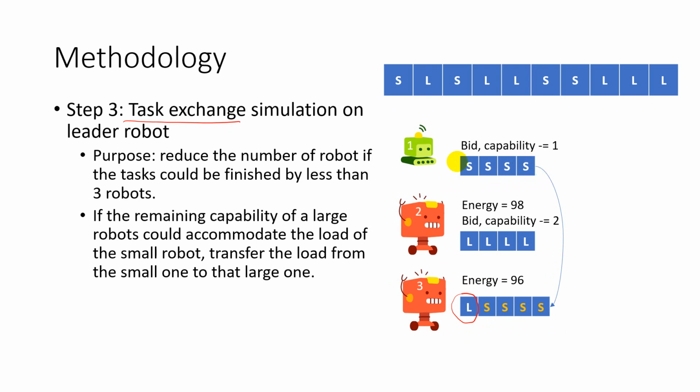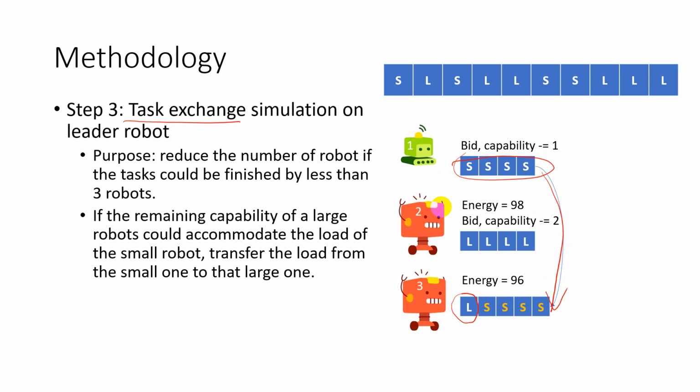So here, if we can put those 4 small goods on this large robot, the small robot doesn't have to take action in the next time slot, because those 2 large robots can perfectly finish those tasks, right?